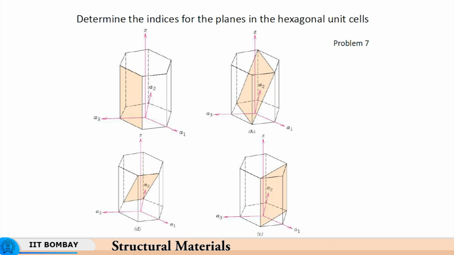The intercept in the direction of A2 can be calculated from the geometry, and that will also turn out to be 1. So you have these 4 intercepts, and based on this you can again get the Miller indices for these planes.